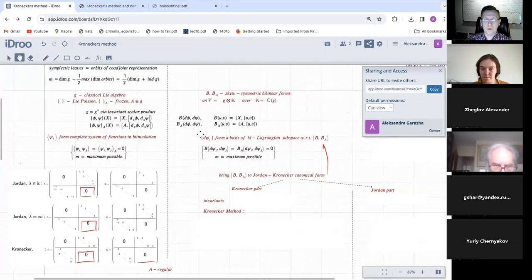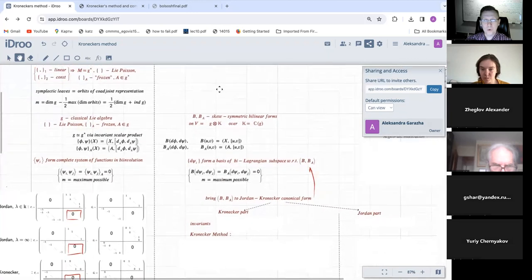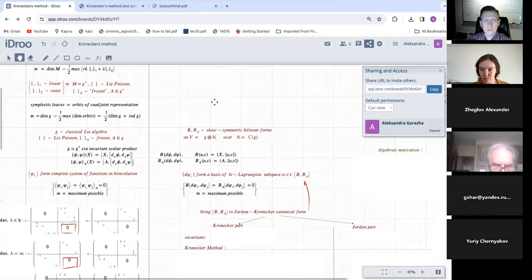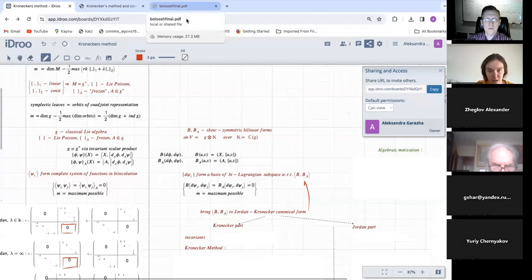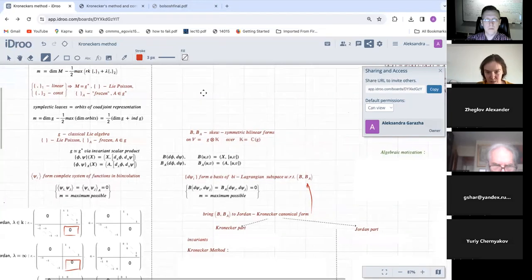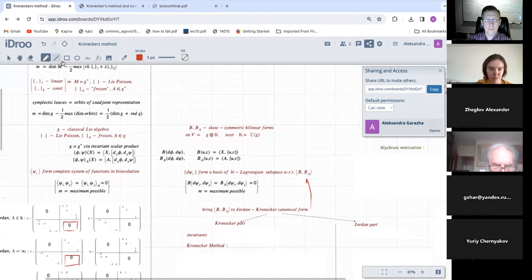B is a skew-symmetric form on the space V, and V is an infinite dimensional space? For example, it is written here that it is G multiplied by the rational functions on G, so it is infinite dimensional. No.